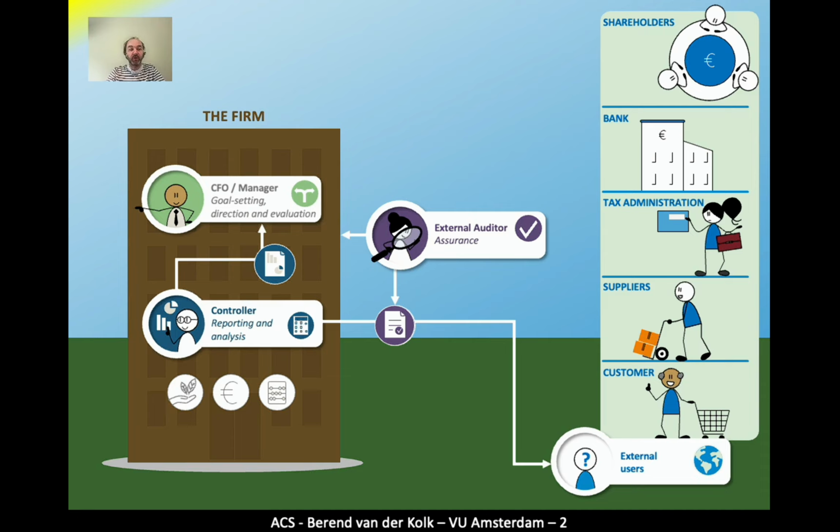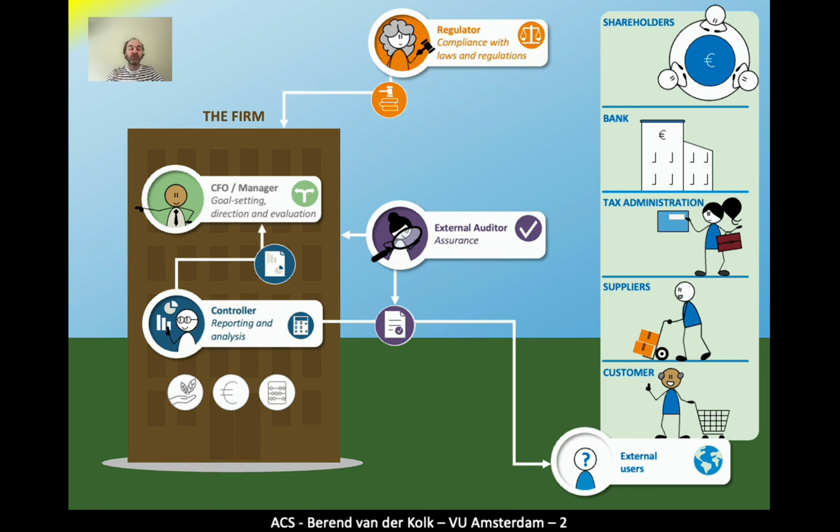So this is what an auditor does. So basically what an auditor does, an external auditor, is to provide some level of assurance to the information that is communicated by a firm. And of course this is financial information, but also increasingly this is non-financial information. We will come to talk about this later.